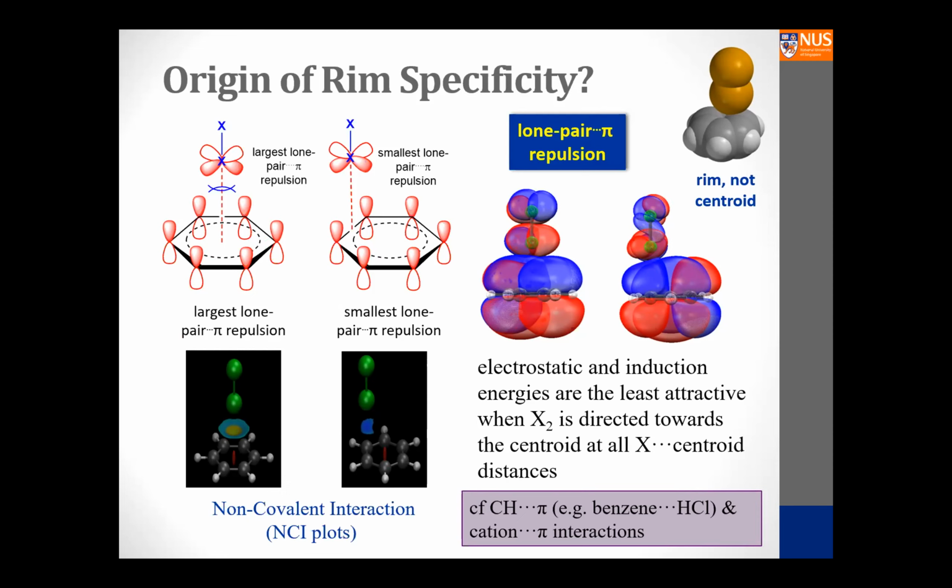This electron-electron repulsion is the largest at the center of the ring, because you repel with all the p orbitals or pi orbitals, whereas over the bond it is the least. That explains why halogen bond has this kind of unique rim specificity.